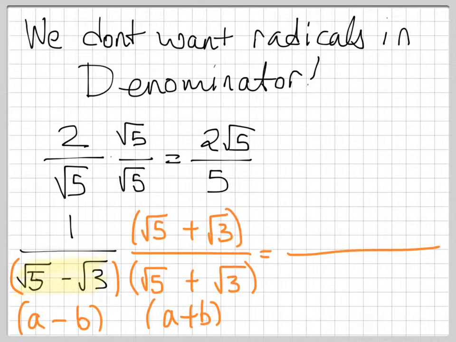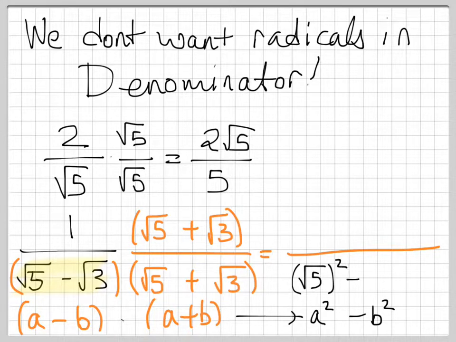And so the bottom becomes A squared minus B squared. And if A is radical 5, then this is radical 5 squared minus radical 3 squared. And the top is just 1 times radical 5 plus radical 3.